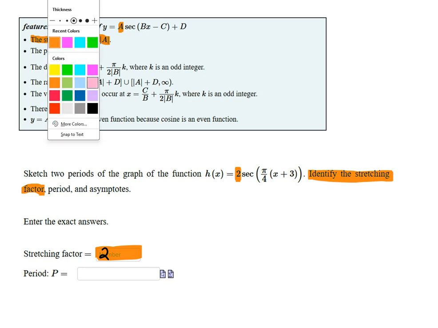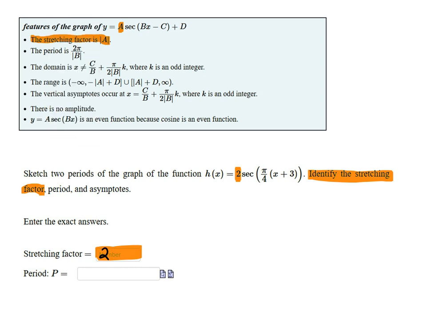Then they want you to find the period. The period can be found by taking 2 pi and dividing it by the absolute value of B. So this is 2 pi over B, and it's just going to be a positive answer.